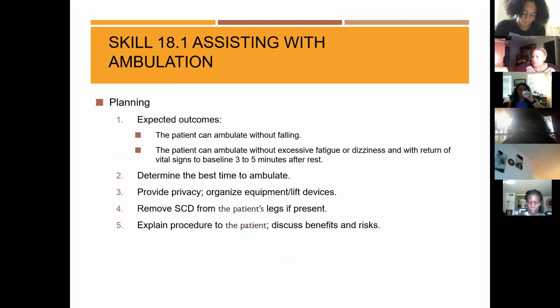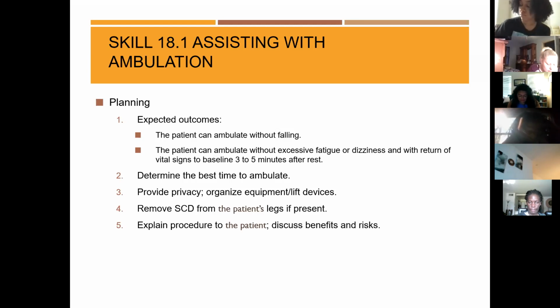All right, so if we're going to ambulate our patient, what would we expect to happen? Like what do we expect to see with our patient? Not to fall. Absolutely. If I'm going to ambulate you, I expect that you won't fall, right? I expect that your vital signs go back to baseline after you've returned back to bed.